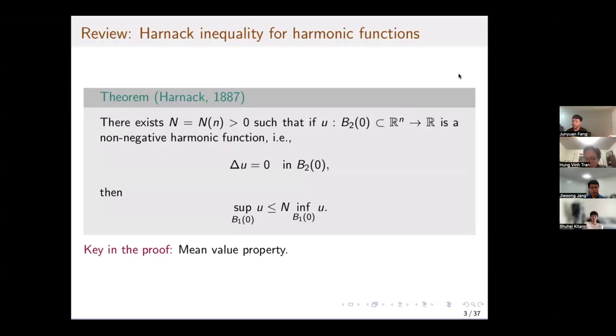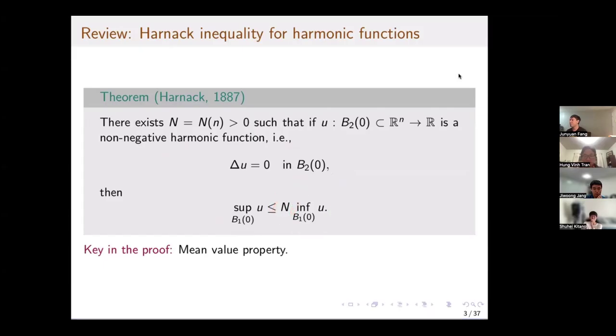This one says there exists some constant N depending only on the spatial dimension little n, such that if u is a non-negative harmonic function, that means Laplacian u equals 0 in B2, the ball with radius 2, then the supremum of u in B1 will be controlled by some constant N times the infimum of u in B1.